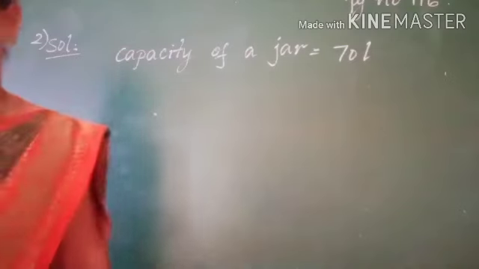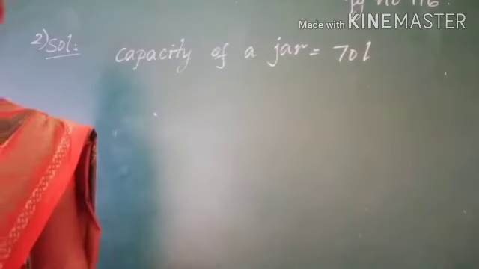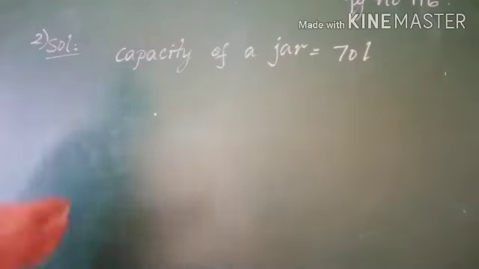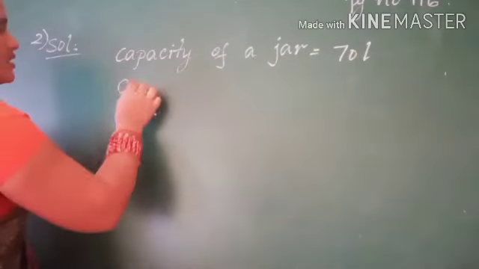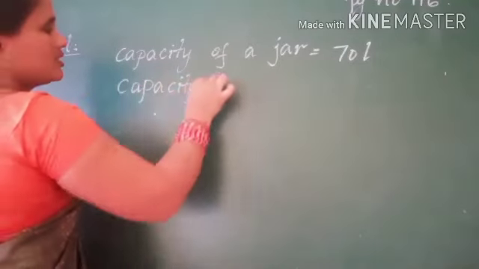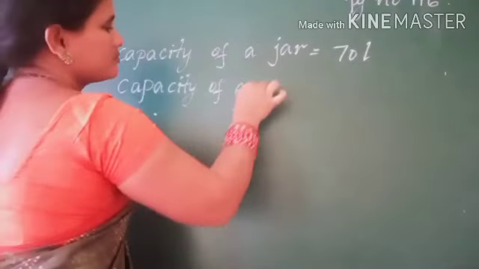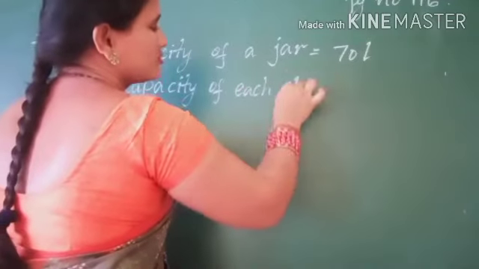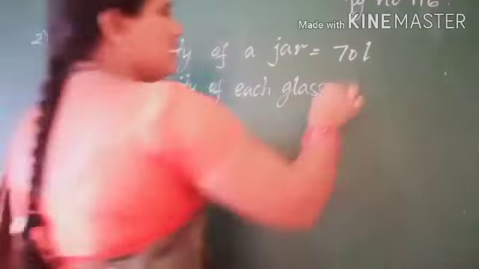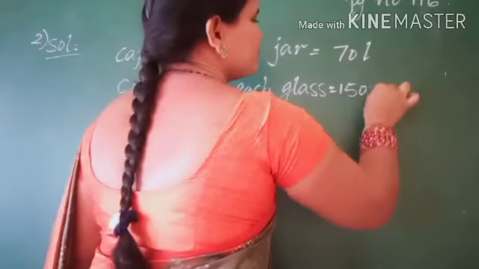Then what they given here? The juice is poured into glasses. Each glass capacity is 150 milliliters. So the capacity of each glass is 150 milliliters.